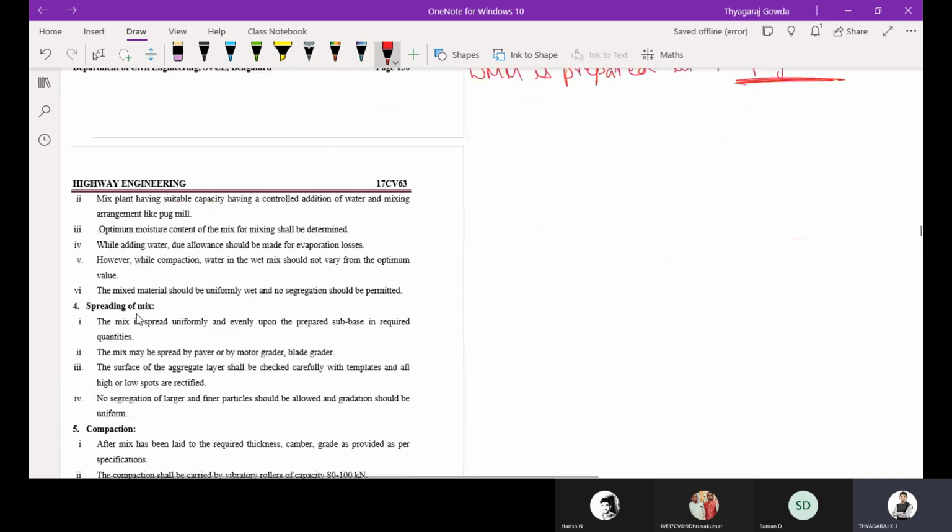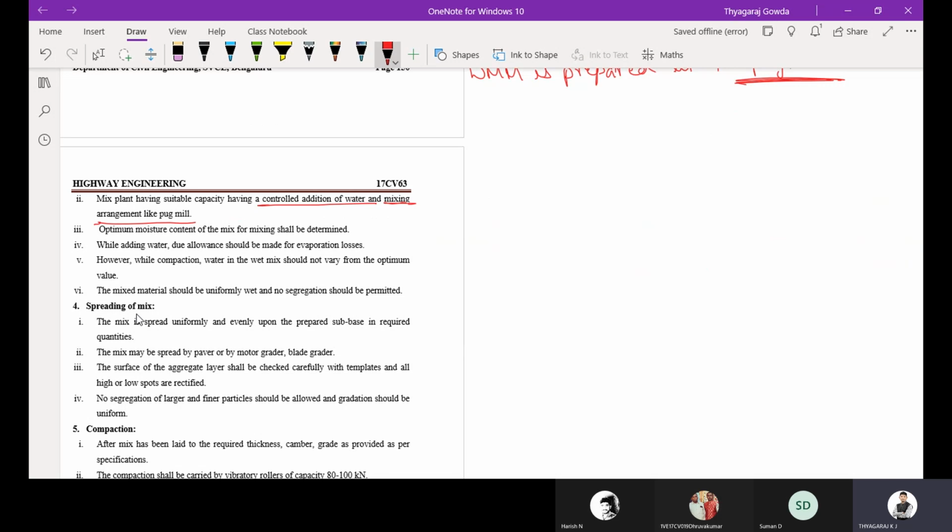Then the mix plant should have suitable capacity, with a controlled addition of water and a mixing arrangement like a pug mill.